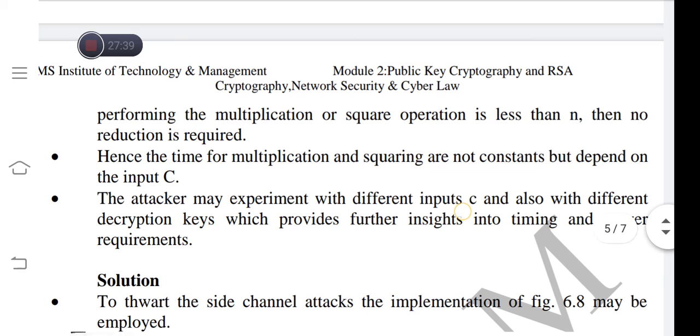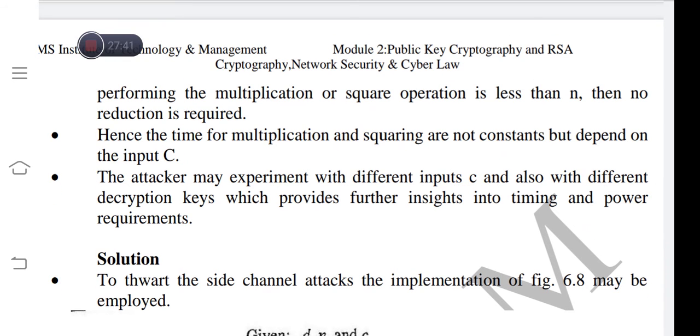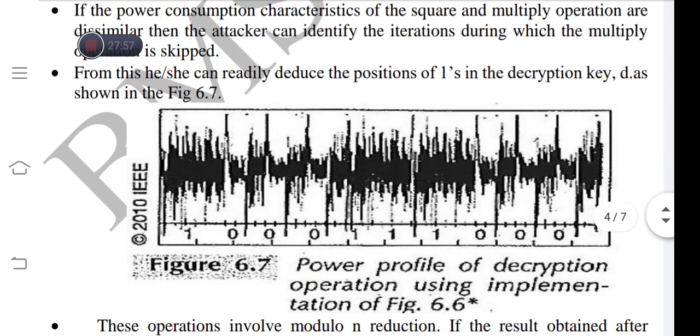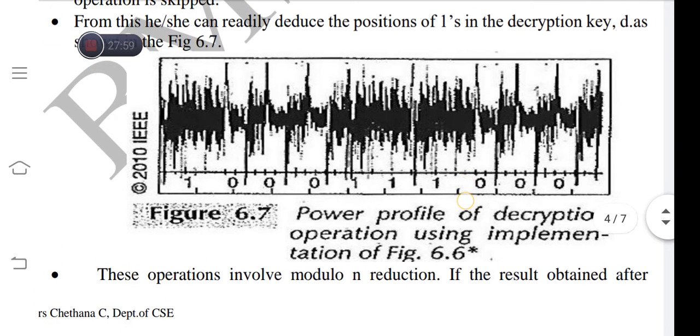Hence the time for multiplication and squaring is not constant, but depends on the input C. Using the power consumption you can very easily find the position of 1 in the decryption key.